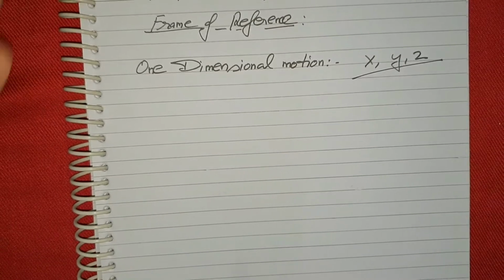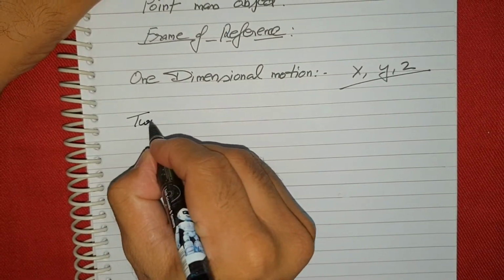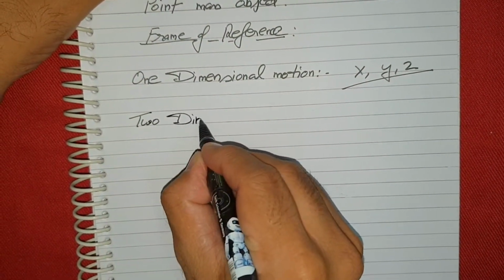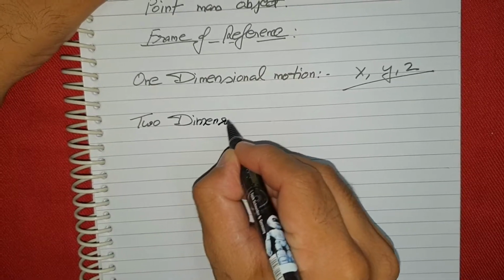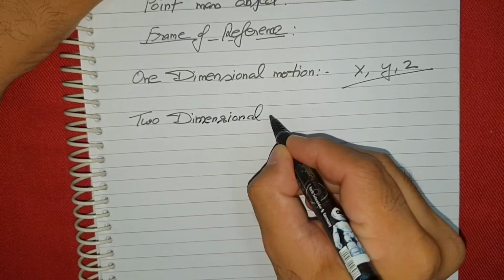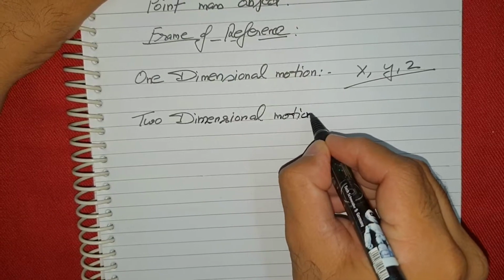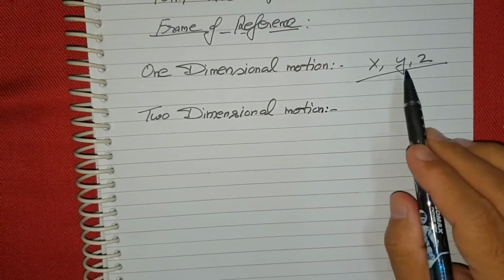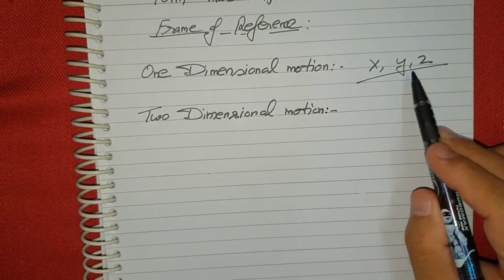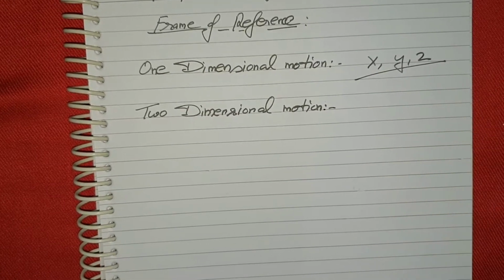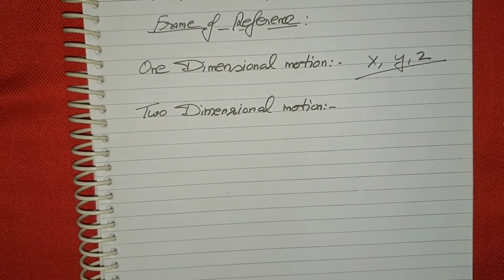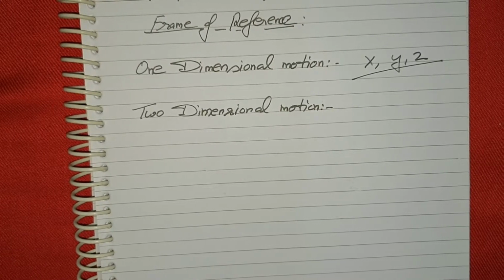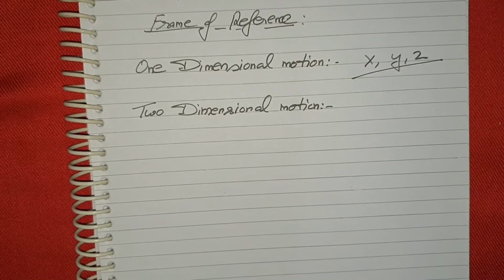Now, what is two dimensional motion? See, in two dimensional motion, any two coordinates, either x, y, or y, z, or x, z are changing. To define it, the motion of an object is said to be two dimensional if two out of three coordinates specifying the position of an object change with time.